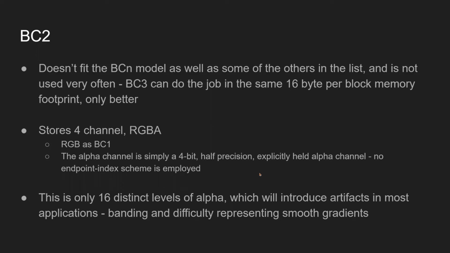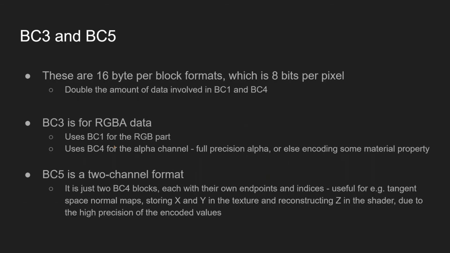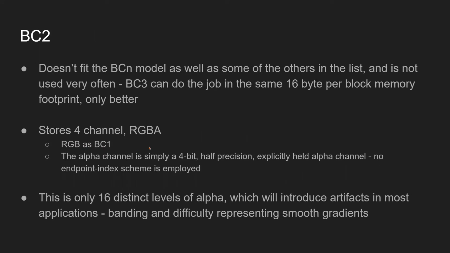There's 16 levels of alpha that can be encoded this way. And BC3 does a better job by keeping BC1 and then BC4, and you get a better result in the same memory footprint. So this is not really used in practice. This is one of the earlier formats, and it's really not used anymore.